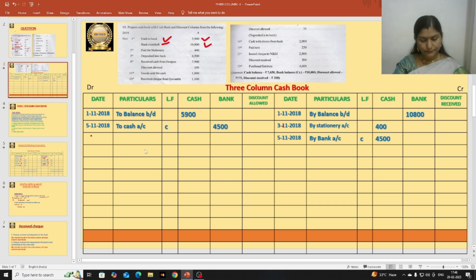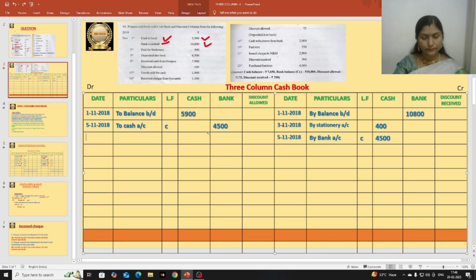Debit side. Date is the 8th, 8-11-2018. In the particulars column we will mention To Swapna account.